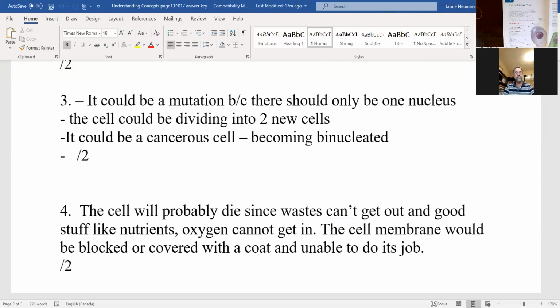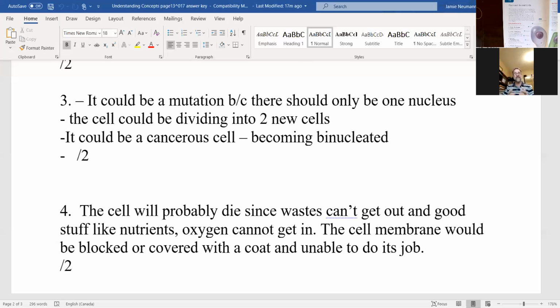Some of you were really creative and thought maybe this was a cell in the process of dividing. That was a very good answer. Some of you thought it could have 2 nuclei because maybe it's a cancerous cell and it does something called binucleated. Binucleated is like a bicycle: a bicycle has 2 wheels.